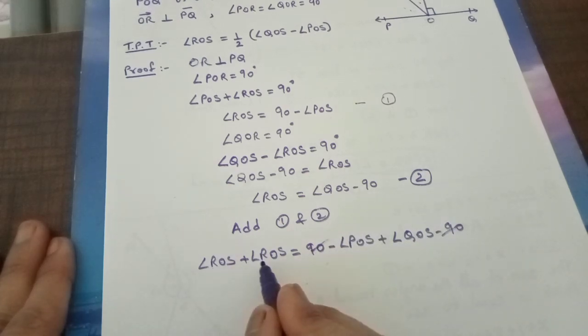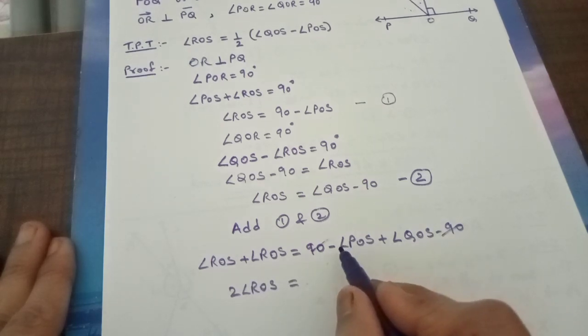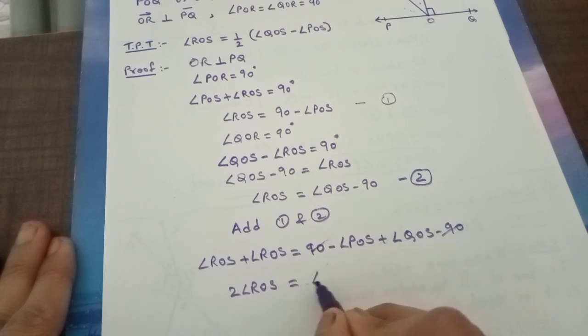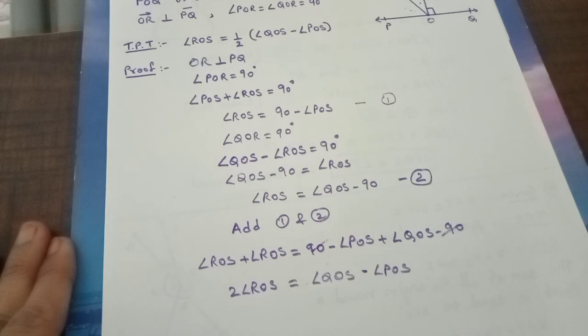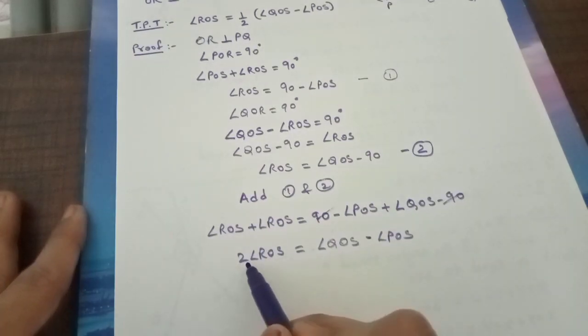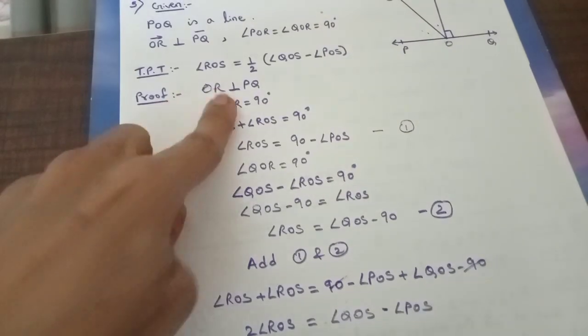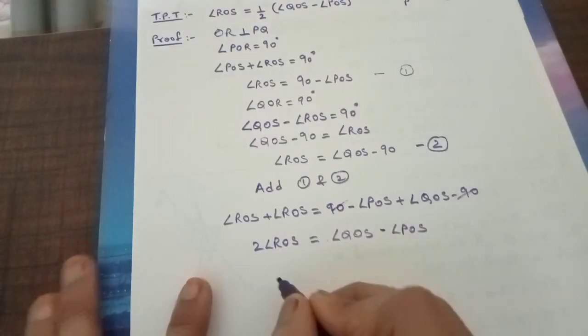And this ROS plus ROS will become twice of angle ROS is equal to, now this is negative, so we'll write the positive part first. So QOS minus angle POS. Now this 2 we don't require over here, because in proof, we need only angle ROS. So this 2 will take on this side.